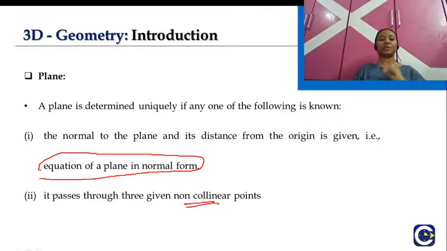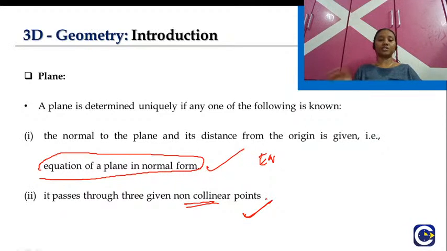So these are basic typical points related to plane. But no need, if you get it, that's fine. If not, we are again going to see the first point, which is the equation of plane in normal form, and the second point, which is the equation of plane through non-collinear points.